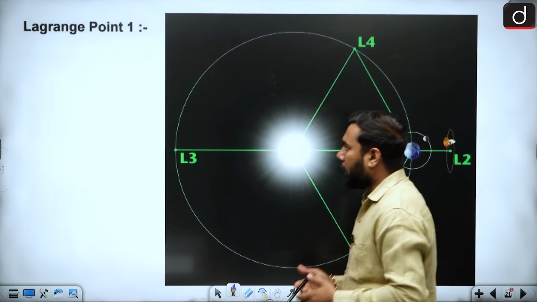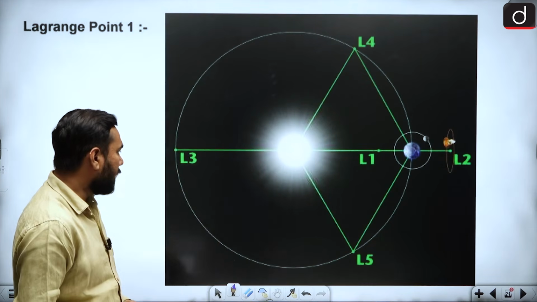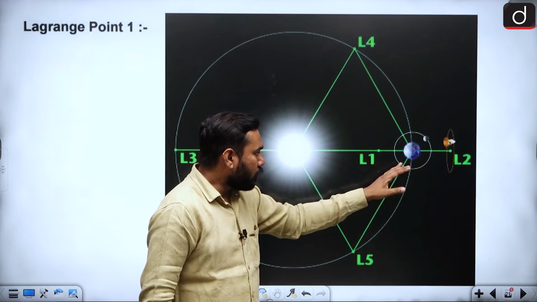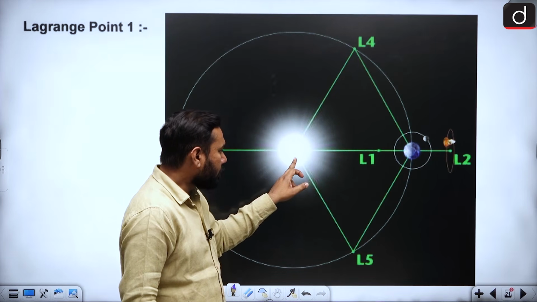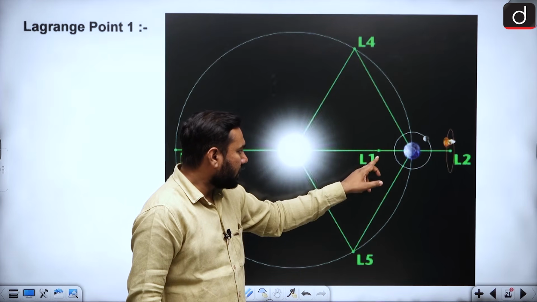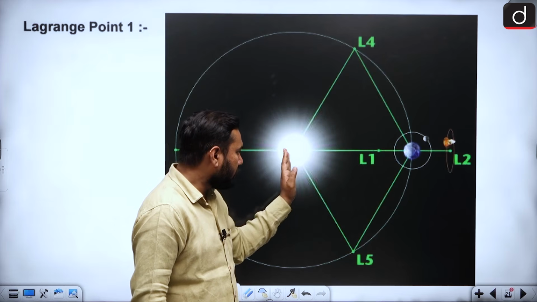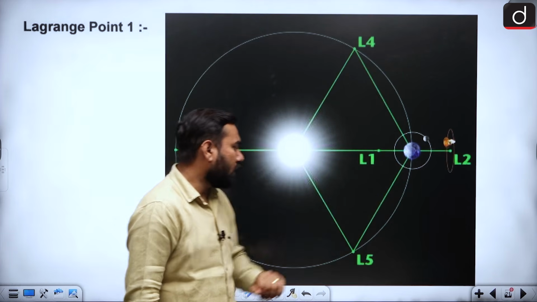And these are the Lagrange points. Actually, Lagrange was a scientist who worked out some points near the sun. This is the sun, this is the earth, and you can see the L1 point is present between earth and sun. So we are placing Aditya L1 there. The L1 point is in front of the sun, but the L2 point is behind the earth.